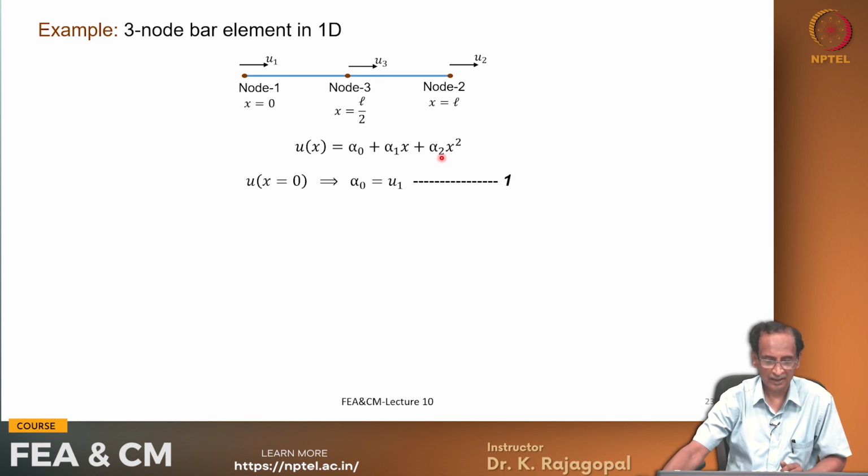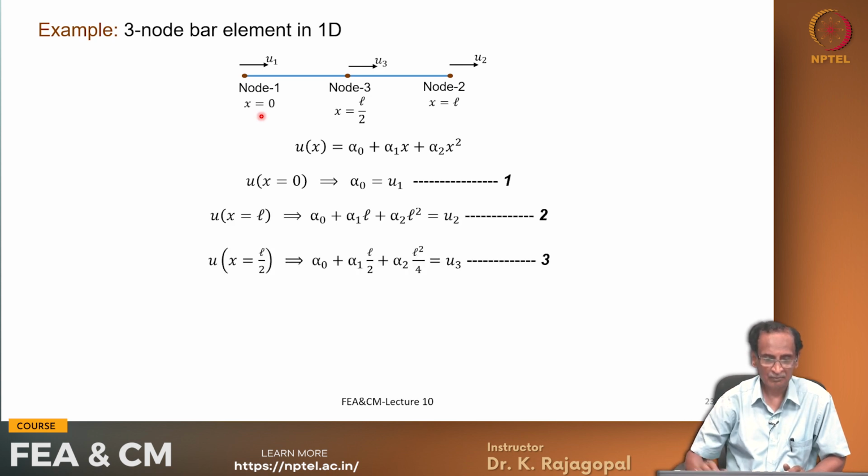We can have up to the quadratic term x square. So, if you substitute x is equal to 0, u of x is alpha naught, and that should be equal to u1. Similarly, we can set x is equal to L when u is u2, and x is equal to L by 2, u is u3, and so on.